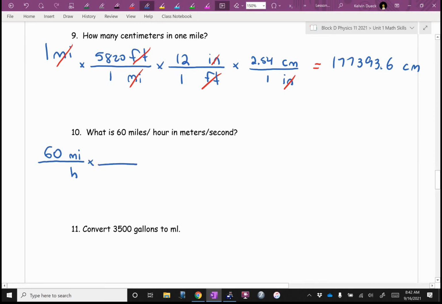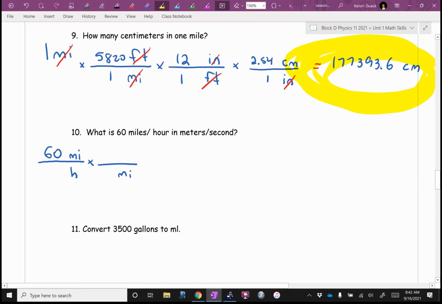Where is it going to go in my next fraction? How do you know? Because originally it was on the, okay. Do I know how many meters are in a mile? No. What can I change miles into? If I'm clever and really paying attention and look at previous work that I might have done, what else could I change miles into that would be much easier to get to meters?